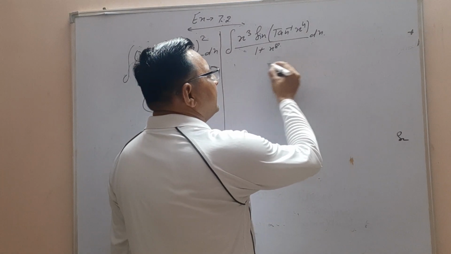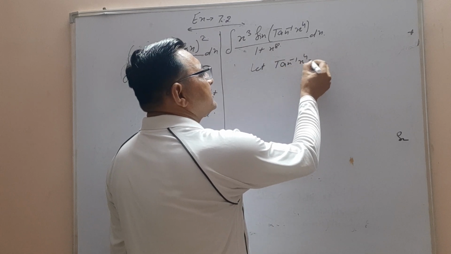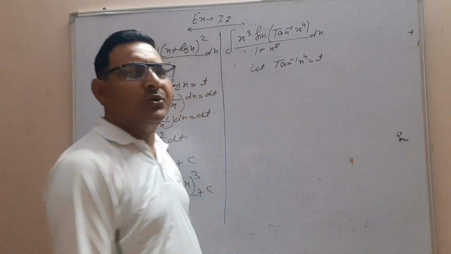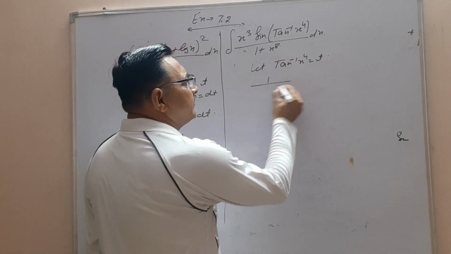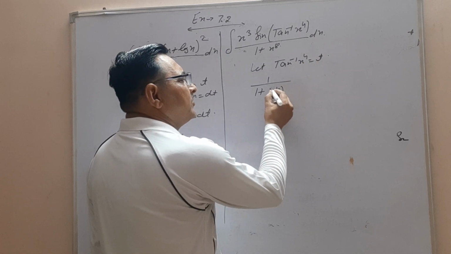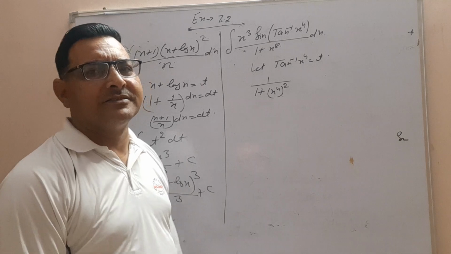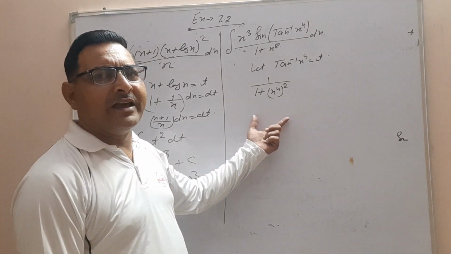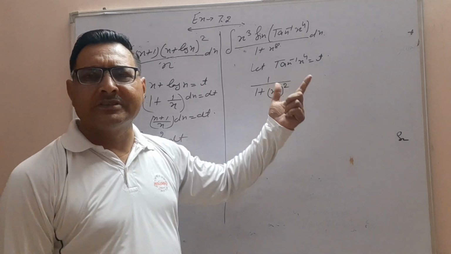So write here, let tan inverse x power 4 be equal to t. The derivative of tan inverse x is 1 upon 1 plus x square. But here the angle is x power 4, so we write 1 plus x power 4 whole square.